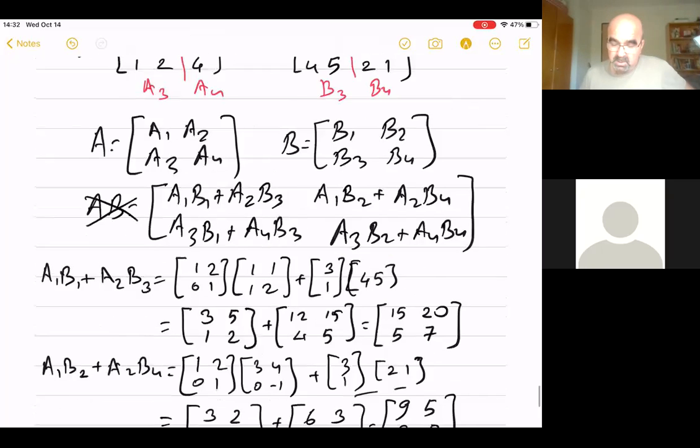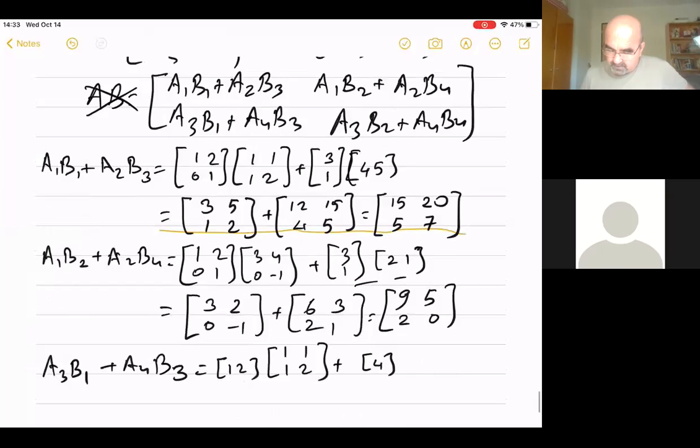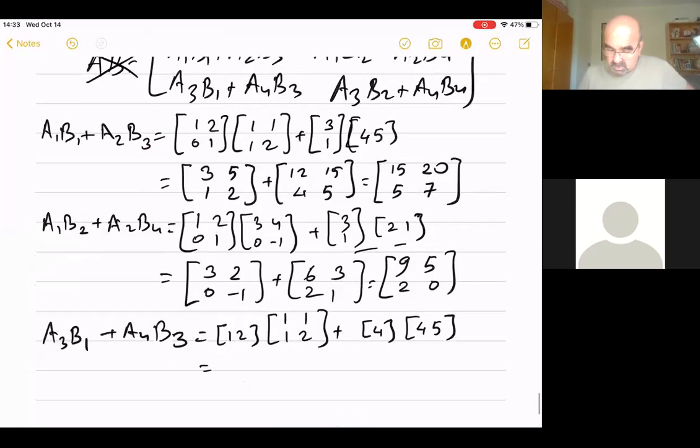B3 is 4, 5. And that is 3 and 5, plus 16 and 20. And the result is 19 and 25.